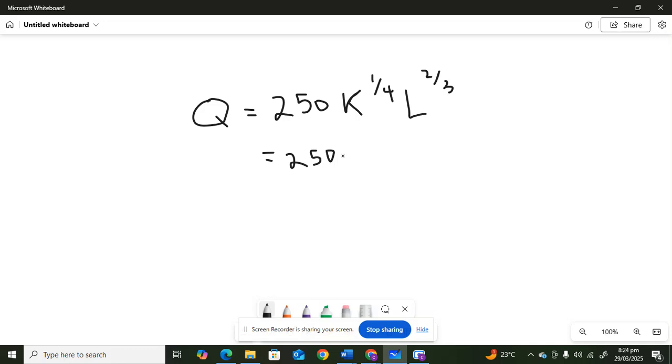So 250 times 81 to the power 1 over 4, multiplied by L, that is how many units? 27 units, 27 to the power 2 over 3.